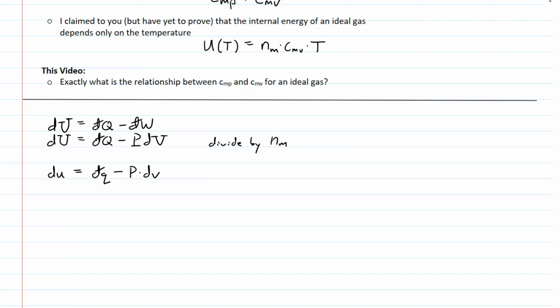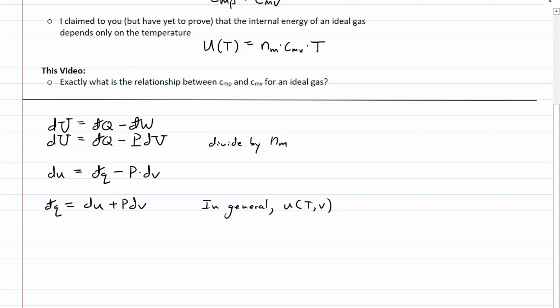Now let me rewrite this as dq is equal to du plus p dv. Let's think in general. u could be a function of T and v.